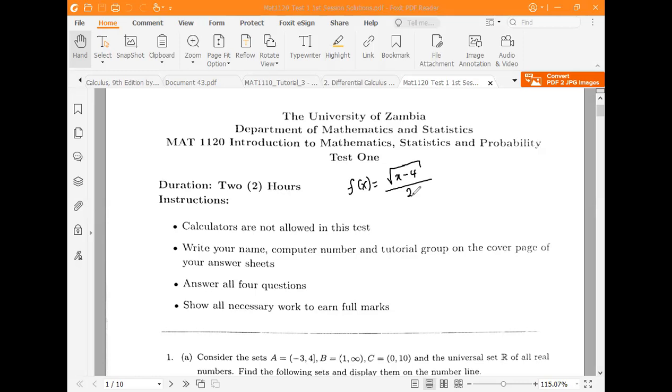So this falls in the category of root of h of x over g. You concentrate only on the root because this number here can never be 0. So you only concentrate on the numerator. So you say x, a real number, such that x is greater than or equal to 4. Our interest will only be that which is in the root here.